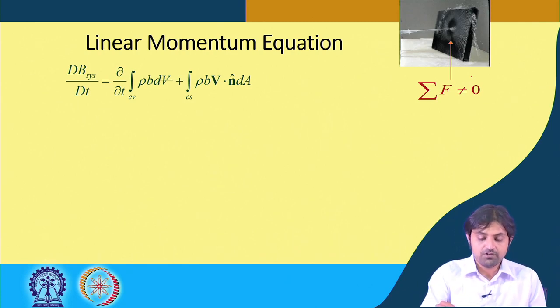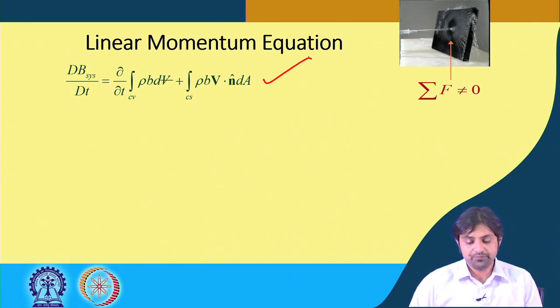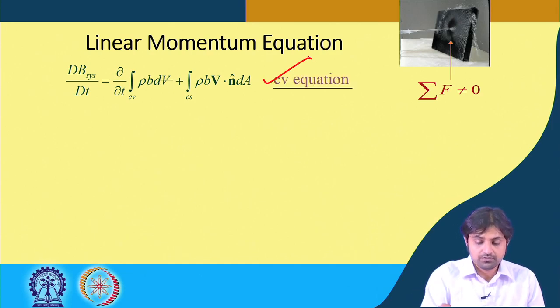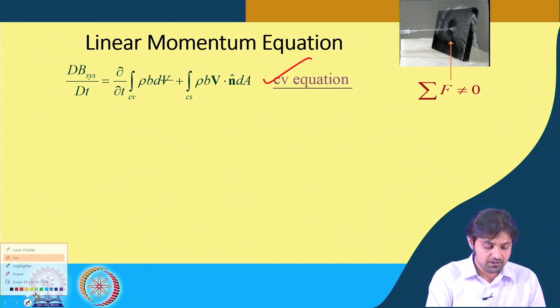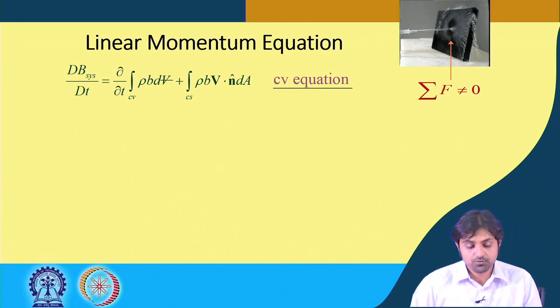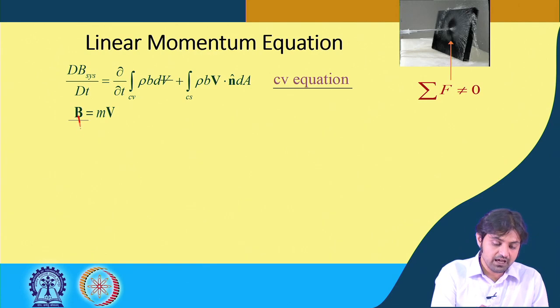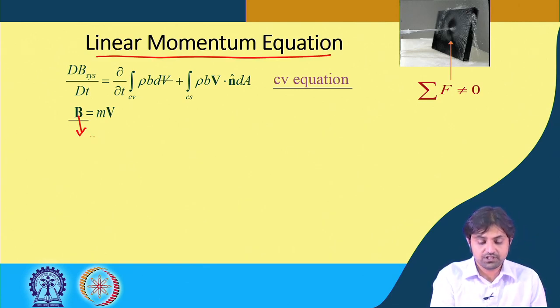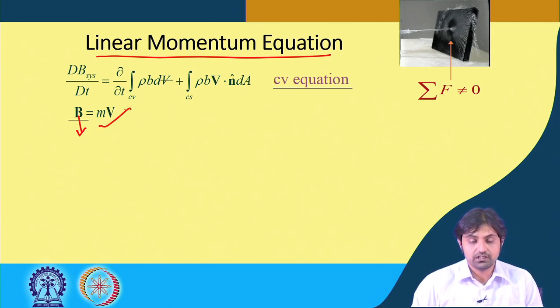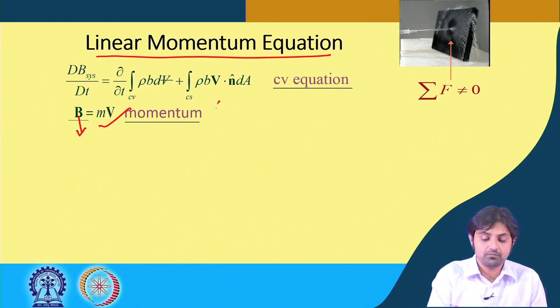Coming back to our Reynolds transport equation, this is the control volume equation, as I told you, from the Reynolds transport theorem. When we want to derive the linear momentum equation, capital B should be mass into velocity, or called momentum.